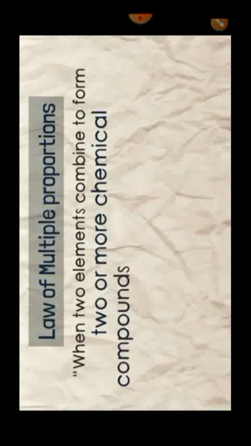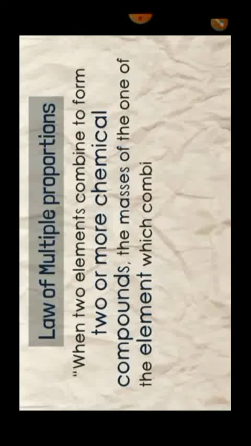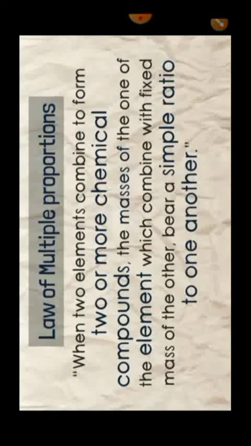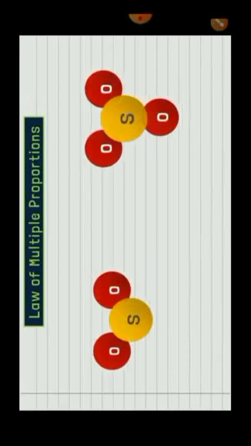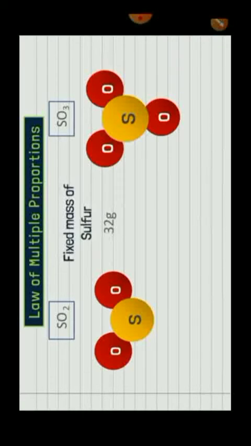When two elements combine to form two or more chemical compounds, the masses of one of the elements which combine with a fixed mass of the other bear a simple ratio to one another. For example, sulfur forms two oxides, SO2 and SO3. In SO2 we have sulfur 32 gram.